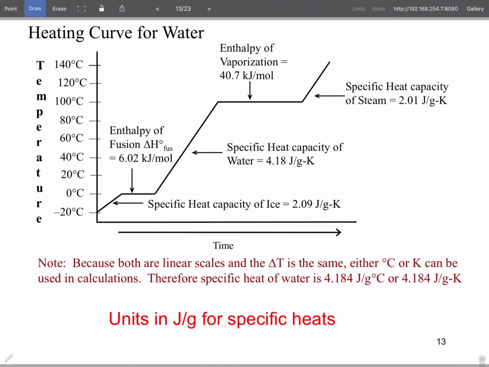Now, how do we make these transitions? Well, if you remember back in chapter 5, it's calorimetry, and we did the specific heat capacity of water. But the same thing works for moving through ice and steam. Notice it takes more energy to move water up in temperature than it does for ice or steam.